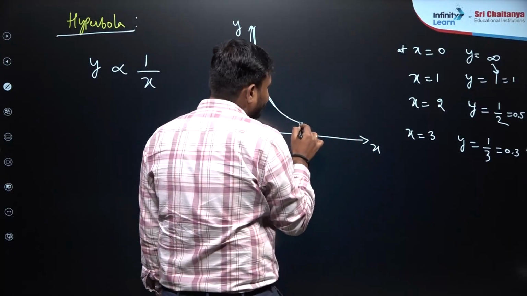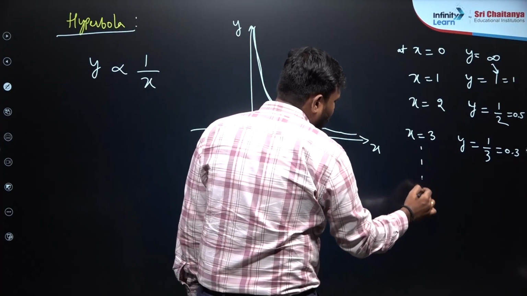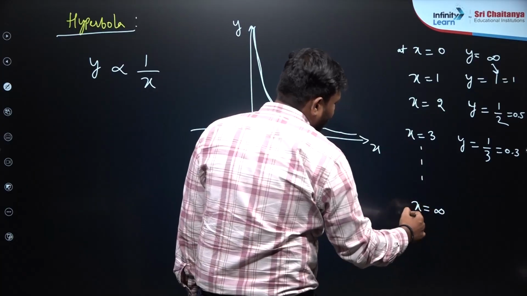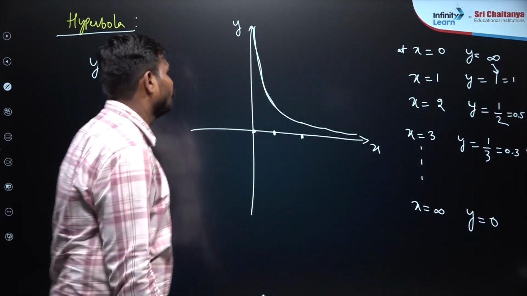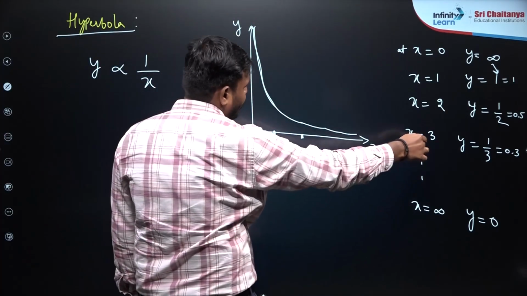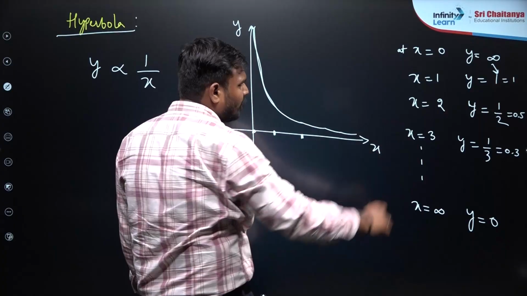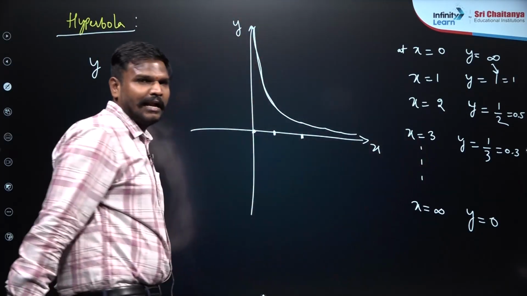Next, you go 3, it will become 0.3, then 0.25, then after so on, after a long time at x is equal to infinity, y will become 1 by infinity, that is 0. Clear? So this is the shape of hyperbola. This shape is called hyperbola. There will be a sudden steep decrease in the value.